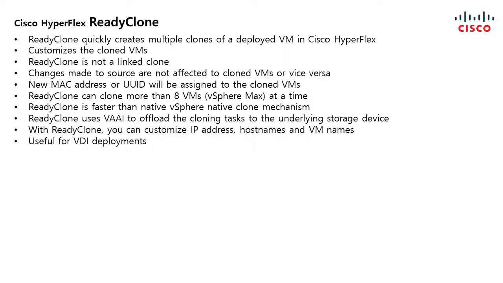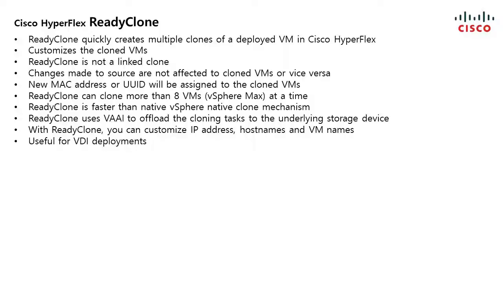ReadyClone clones VMs in seconds instead of minutes, using VAAI, vSphere Storage API for Array Integration. This is a technology which basically offloads the storage tasks to the underlying storage device, which can help to speed up certain storage tasks.